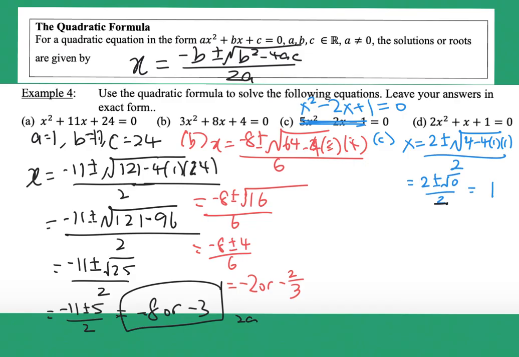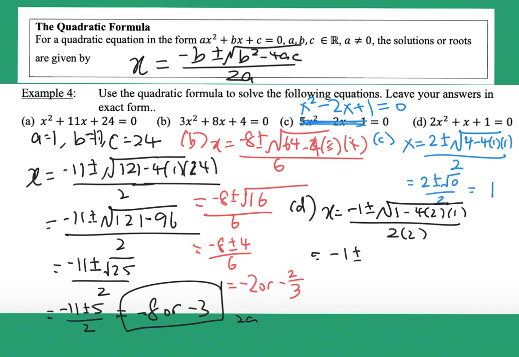And for part D, x is equal to negative 1 plus or minus square root of 1, which is b squared, minus 4 times 2 times 1, over 2 times 2. So you end up with negative 1 plus or minus the square root of 1 minus 8, which is negative 7, over 4.